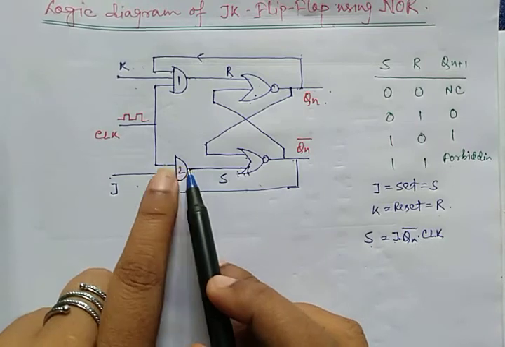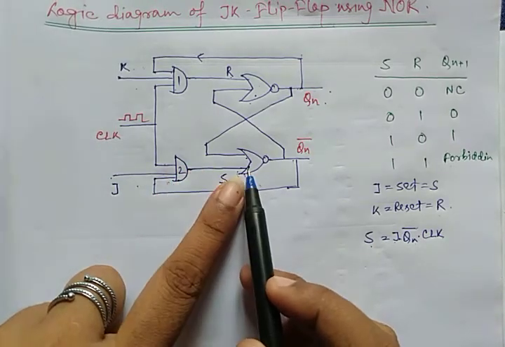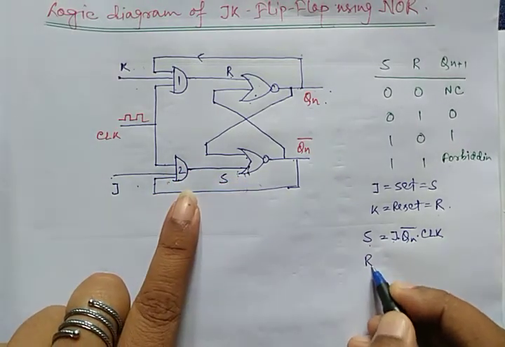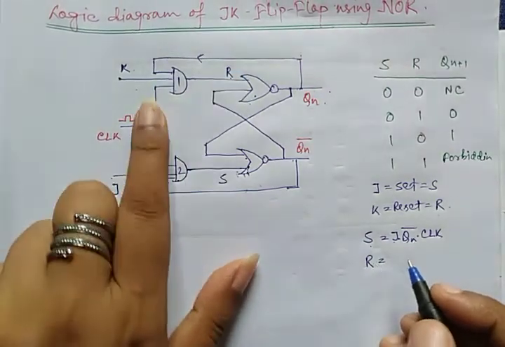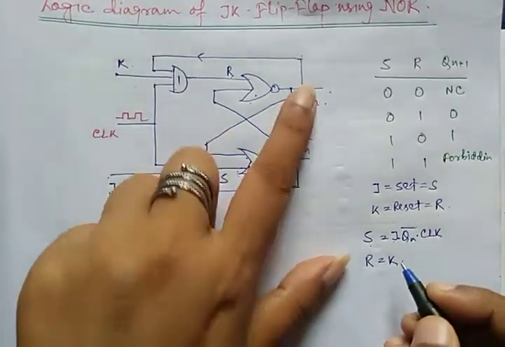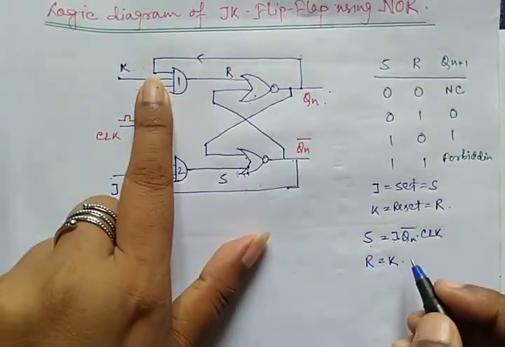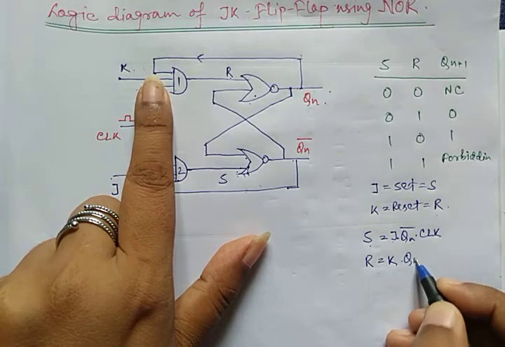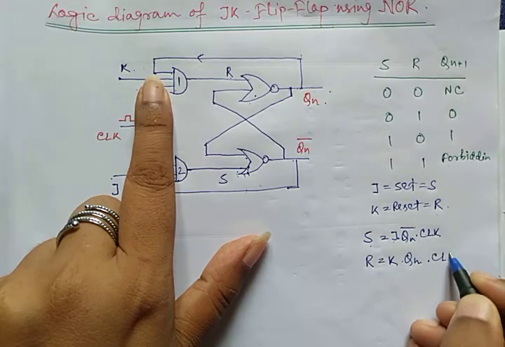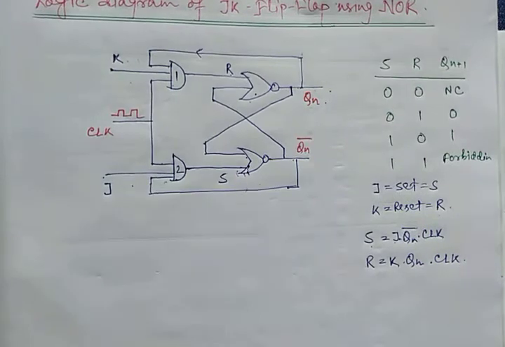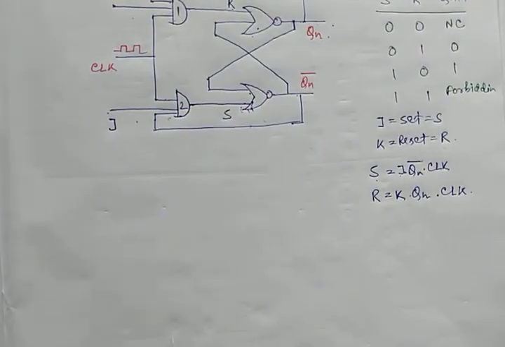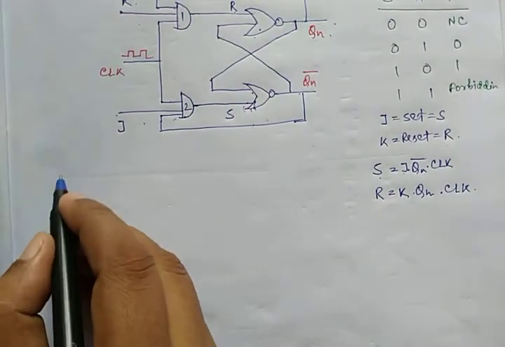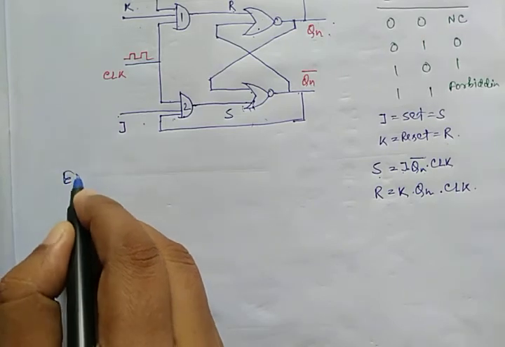For R the inputs are K, the feedback Qn, and clock. Okay, now let us write the explanation of the truth table.